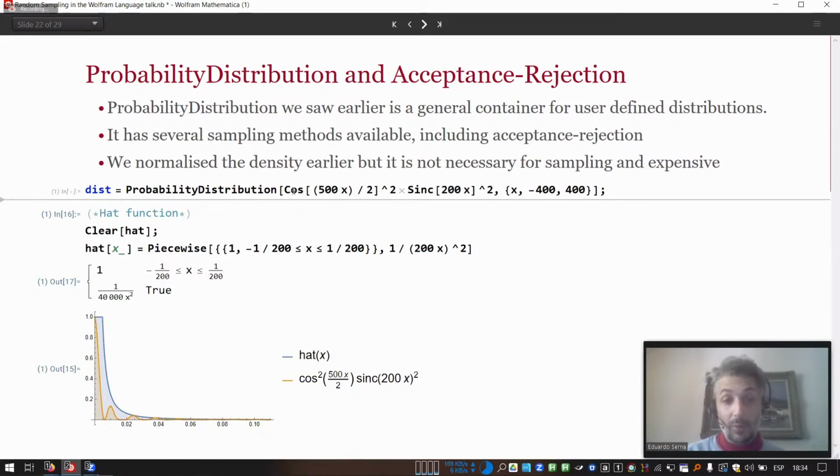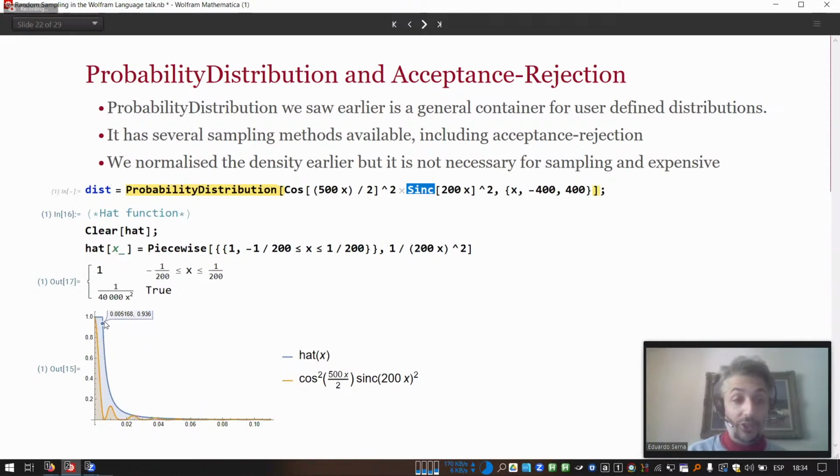So let's look at an example where we have the product of two sinusoidals divided by 1 over x squared. Essentially, the sinc function is sine of x over x. And this complicated distribution that I plot here, the orange one, has a very natural hat, which is just the envelope of the sinusoidals, which is the 1 over x squared.